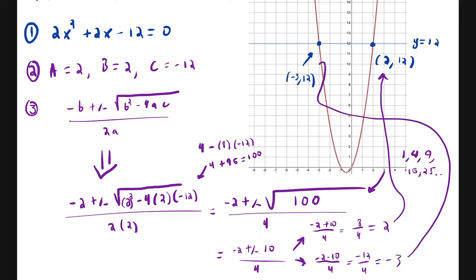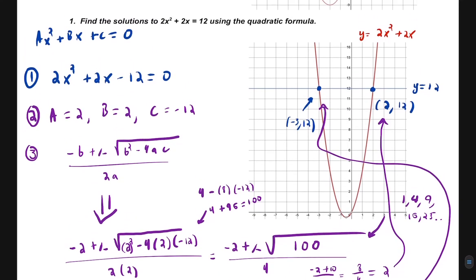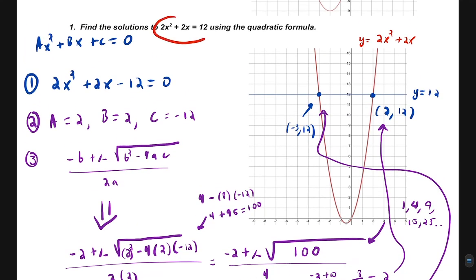The last thing I just want to note, I use all this graphical context so you can see what's actually going on here. But if I literally just gave you this with no graphical context, and that's what the Delta Maths are going to look like today, if you can rewrite this in standard quadratic form, set equal to 0, you can use the quadratic formula to solve any quadratic equation.